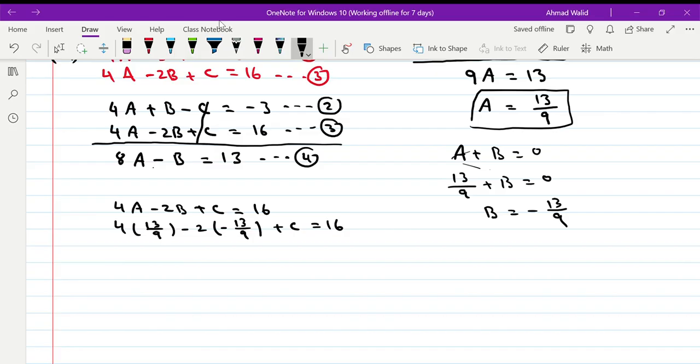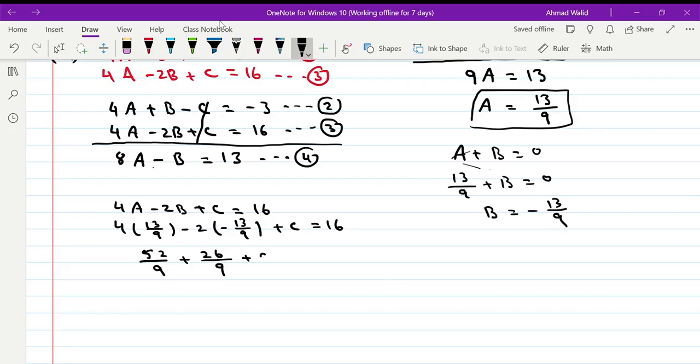Okay, here multiply. Unfortunately, you end up with fractions. Doesn't matter. 4 times 13 gives you 52 over 9. Negative times negative gives you positive. 2 times 13 gives you 26 over 9.